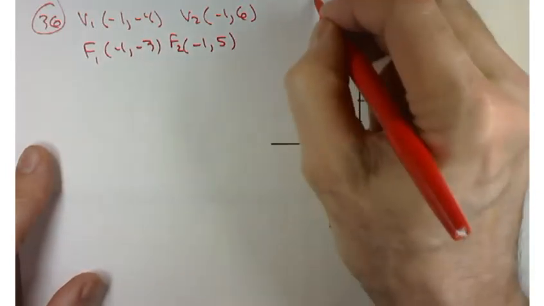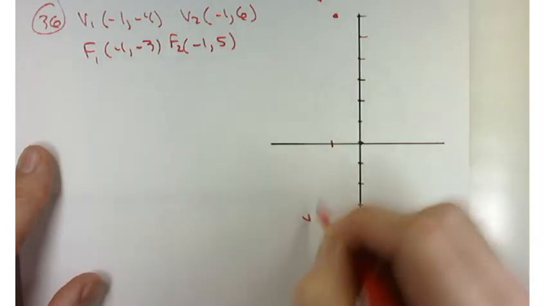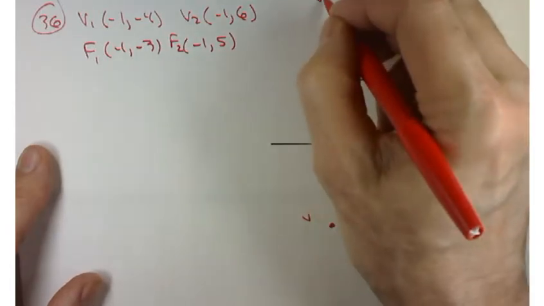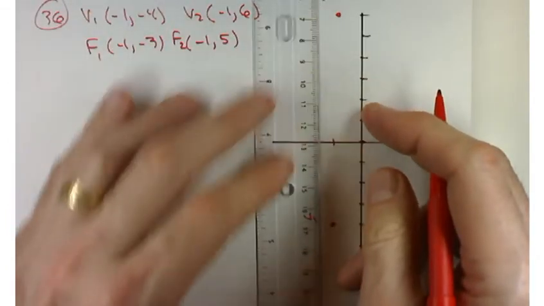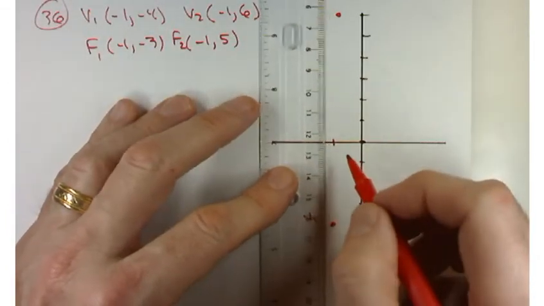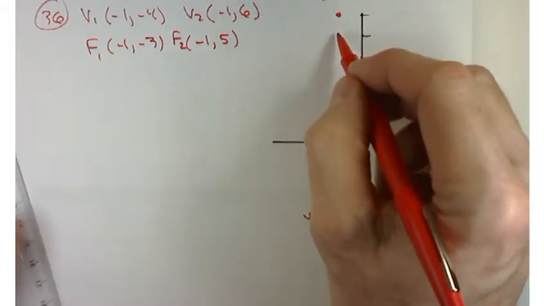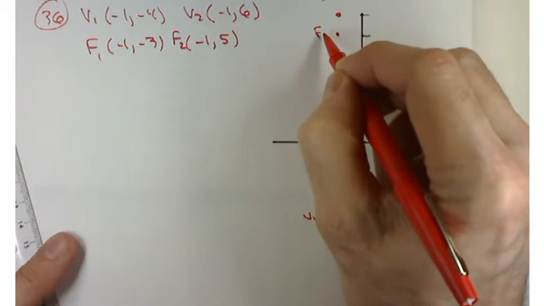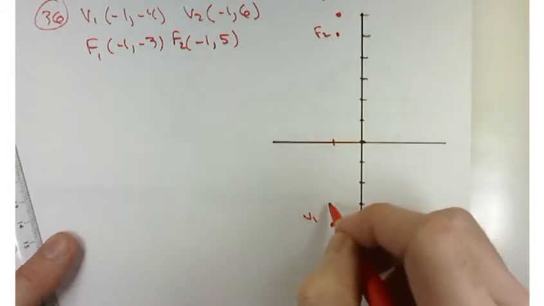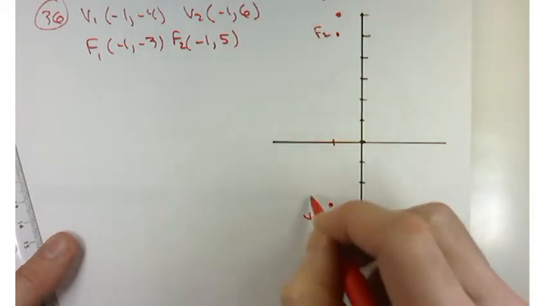So there's V2 and V1. And then also along this line, I have some foci. I've got a focus at (-1, 5), that's F2, and (-1, -3), F1.